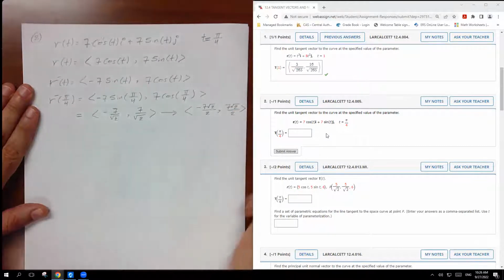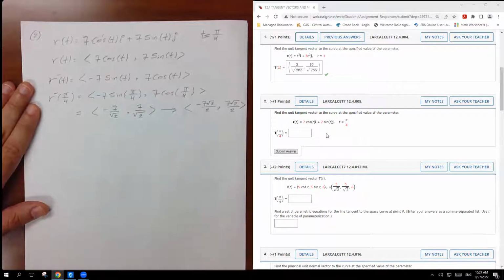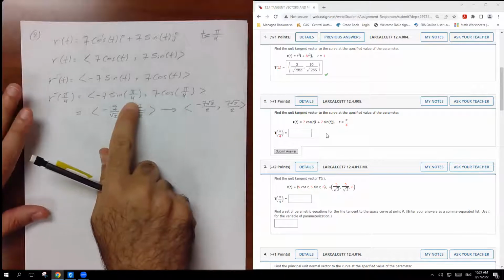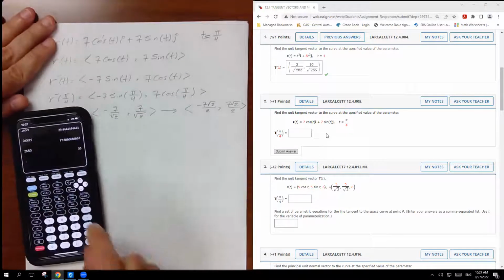Sometimes it's easier to work. Go ahead. The sine of pi over 4, isn't it square root of 2 over 2? Sine pi over 4, which one? Talking about this one? Because pi over 4 is what? It is 45 degrees, right?